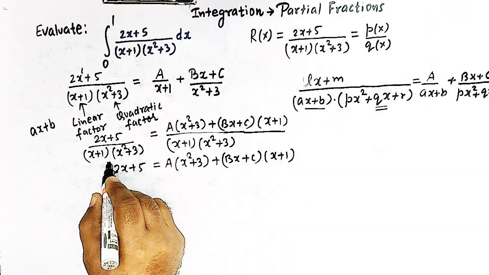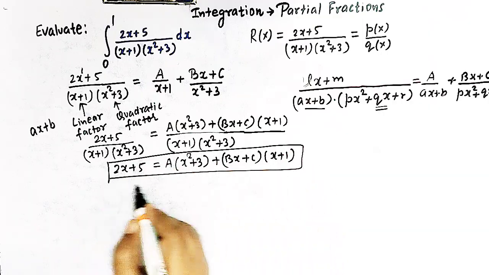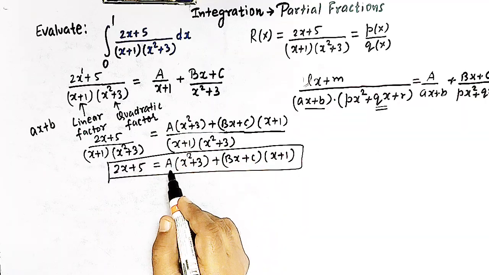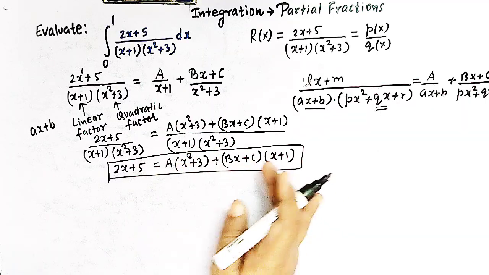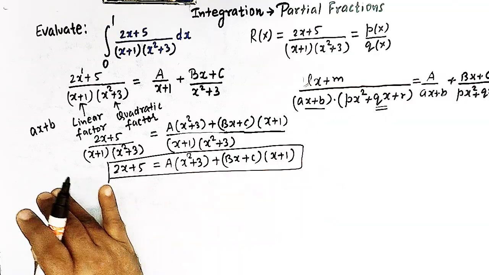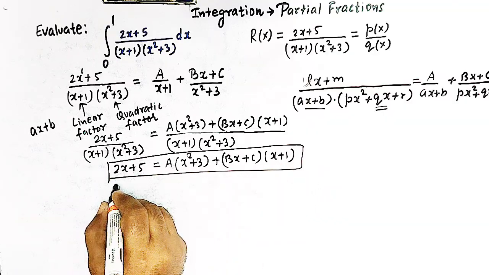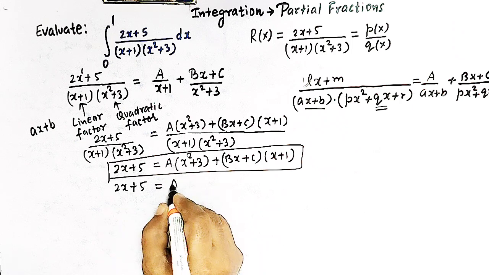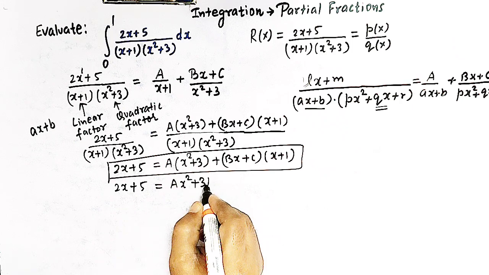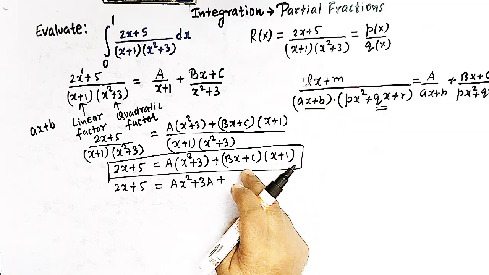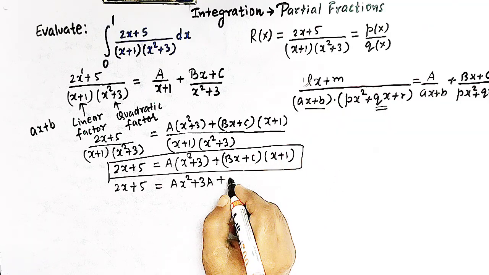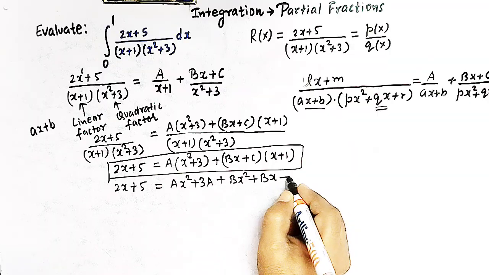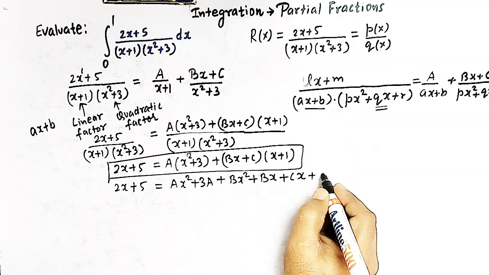Now from this expression we can find the values of a, b, and c using the concept of comparing the coefficients on both sides, right? So we can write 2x plus 5 equals ax square plus 3a, and then multiplying these two binomials, bx square plus bx plus cx plus c.